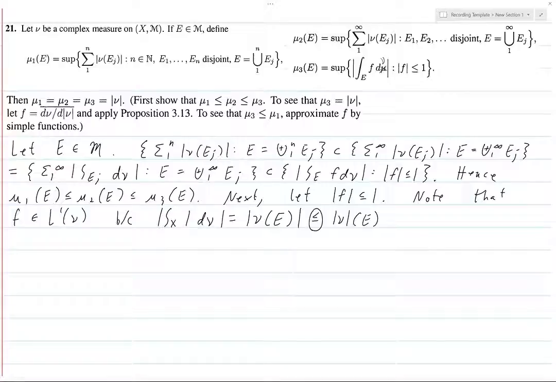I'm pretty sure it's 13.a, but whatever it is, you can bring this absolute value inside.